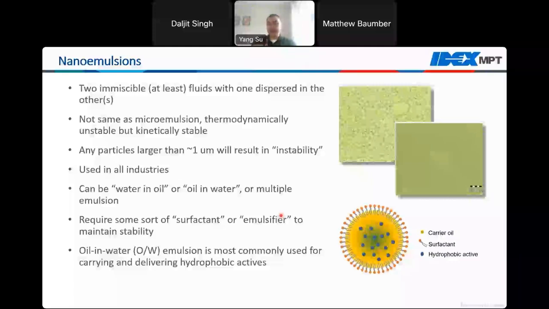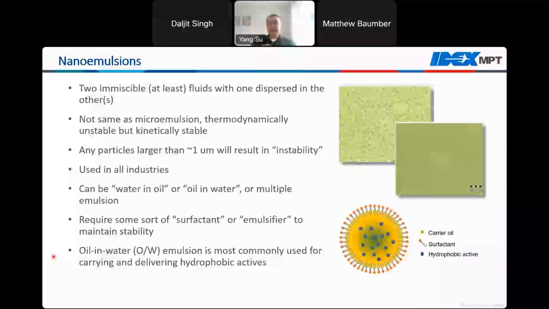You can have double emulsions or even more. And because oil and water are immiscible, you do need some sort of surfactant or emulsifier, or some people call them stabilizers, to help keep the droplets from coalescing with each other. That's how you maintain the droplets and the stability of the emulsion.